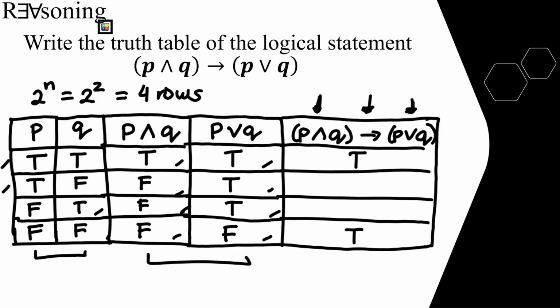So we have here if false then true, if false then true. So this is also true. Okay? So we have here our final column. This is the truth table for the logical statement if P and Q, then P or Q.